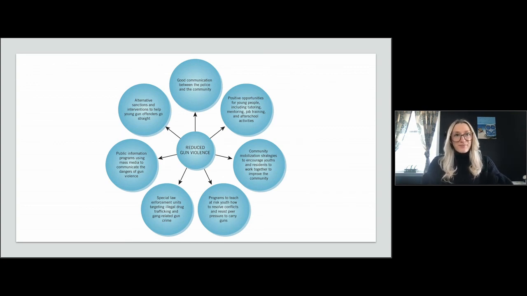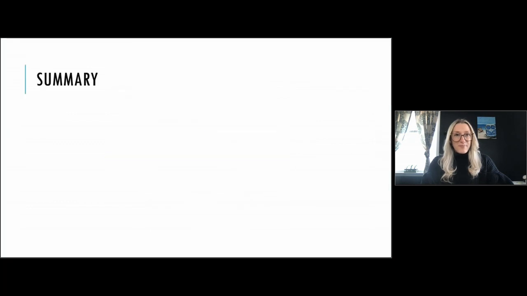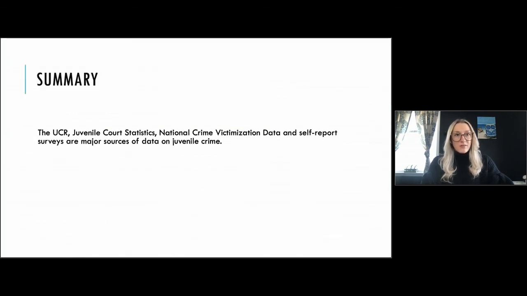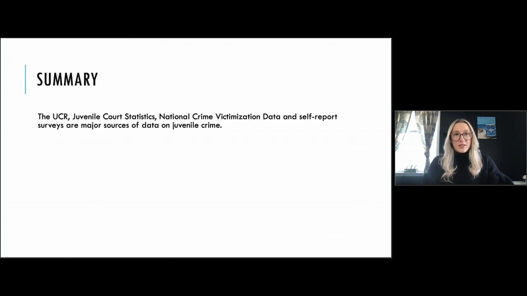So, in sum, the UCR, juvenile court statistics, national crime victimization data, and self-report surveys are our major sources of data on juvenile crime.